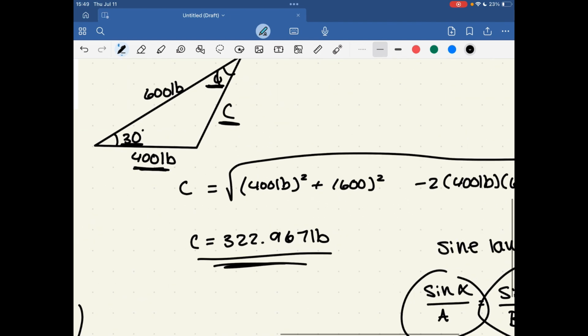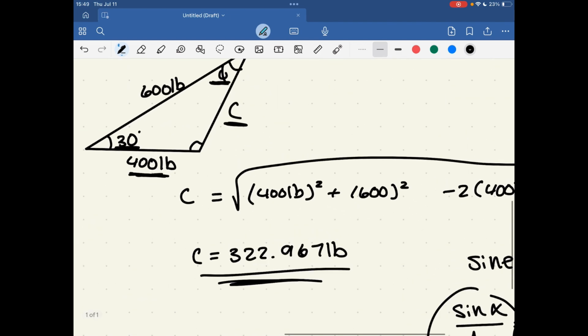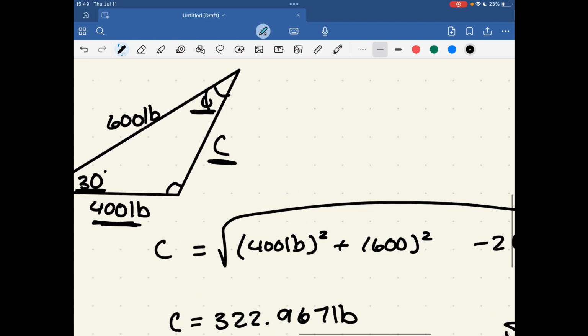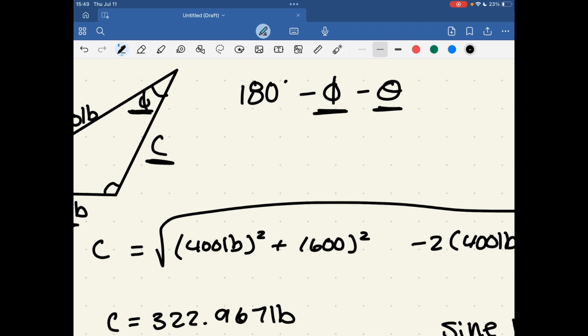And just for fun, you can find this angle right here. All you have to do is take 180 degrees, subtract phi, and subtract theta. And you know both of them already.